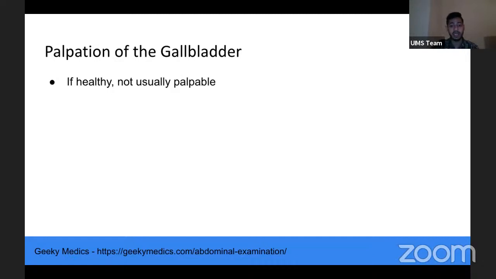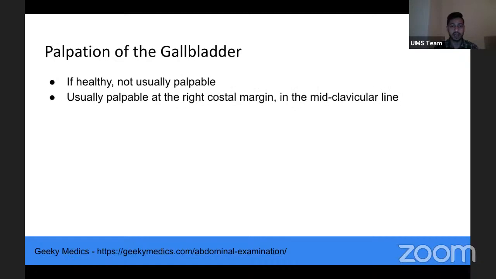And usually we attempt the palpation of the gallbladder at the right costal margin, usually in the mid-clavicular line, which is usually the tip of the 9th rib, and if the gallbladder is enlarged, usually it is a well-defined round mass that moves with respiration.